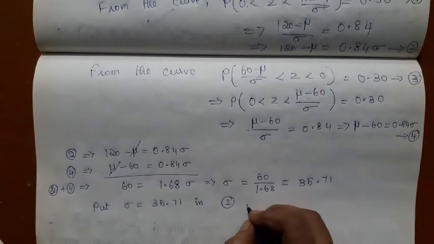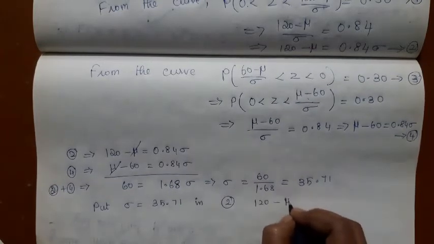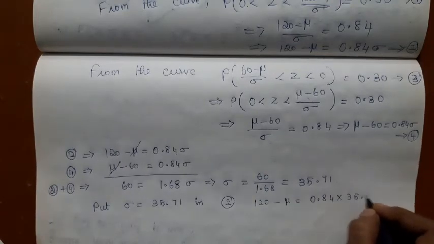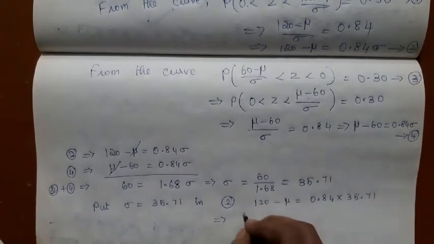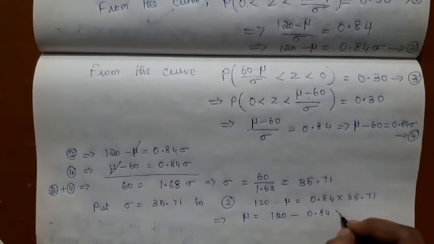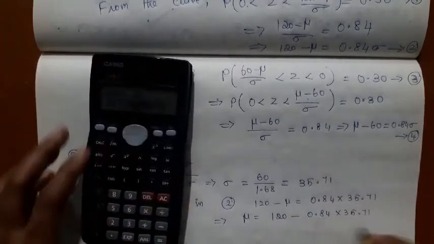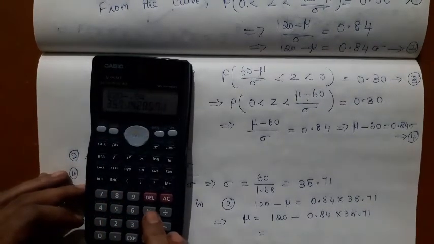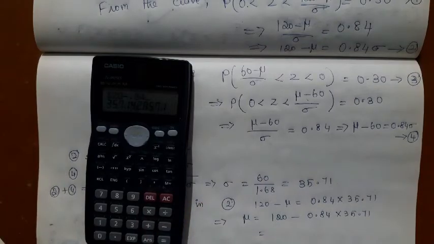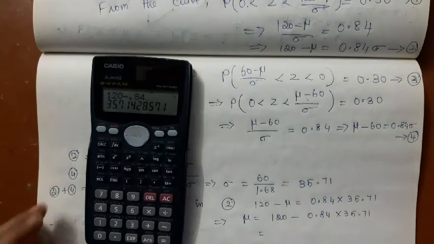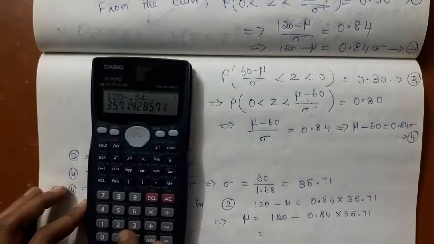Let me put it in equation 2. You get 120 minus mu is equal to 0.84 into 35.71, which implies mu is equal to 120 minus 0.84 into 35.71.